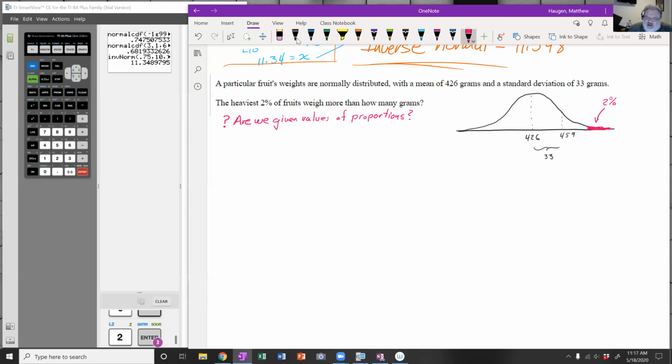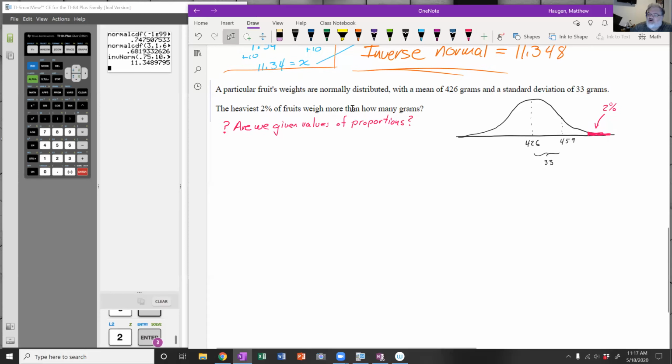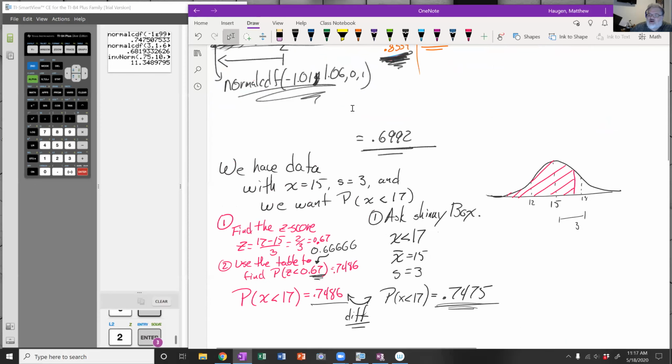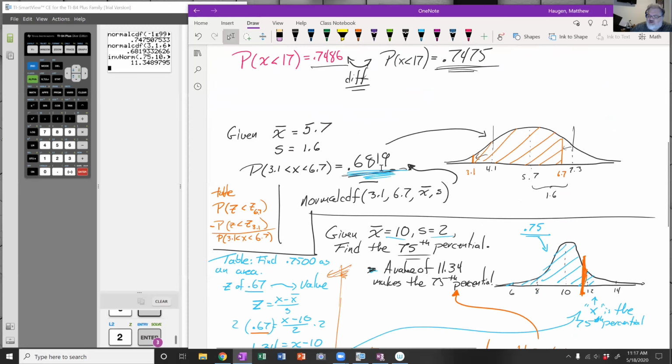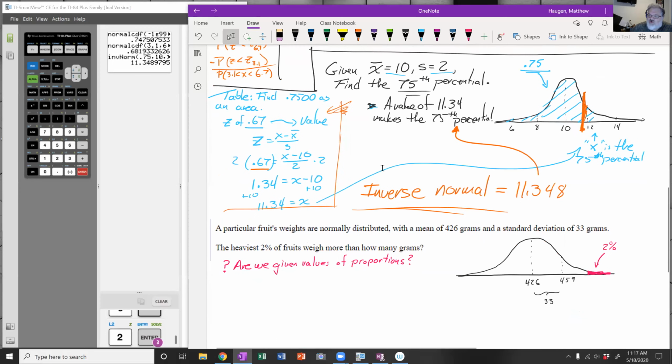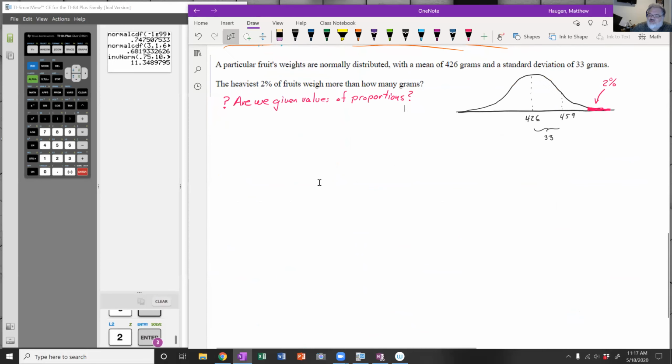Once we've identified that this is a normally distributed data problem, we have to identify what direction we're going. Are we up here, going from data values and outputting proportions like we did in these first couple, or are we in this mode where we've been given an area, given a proportion, and asked for values?